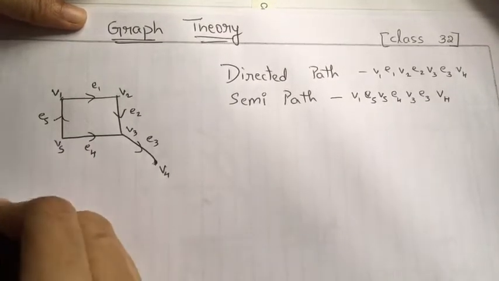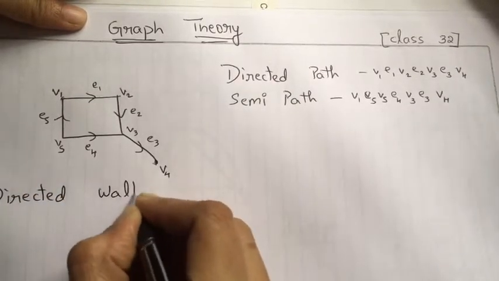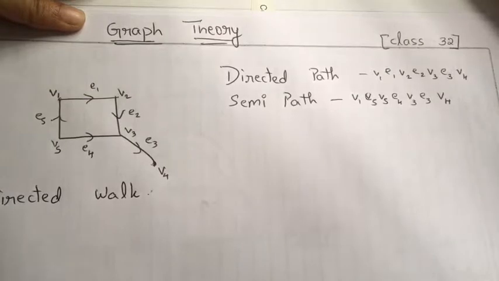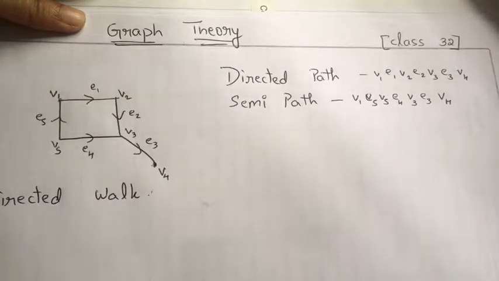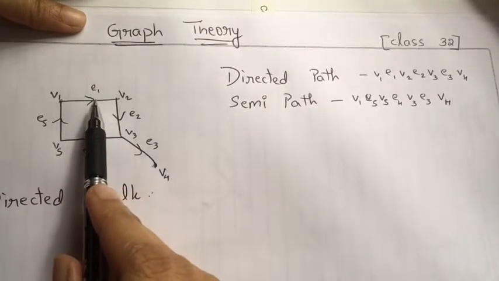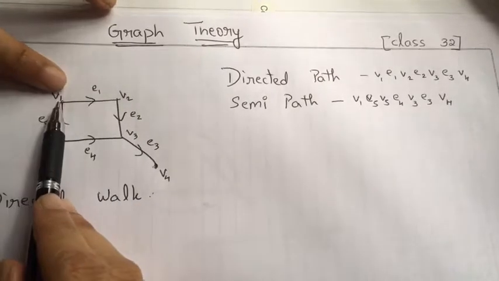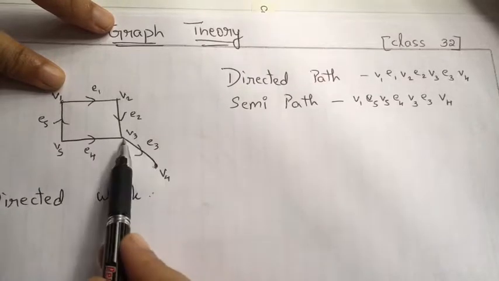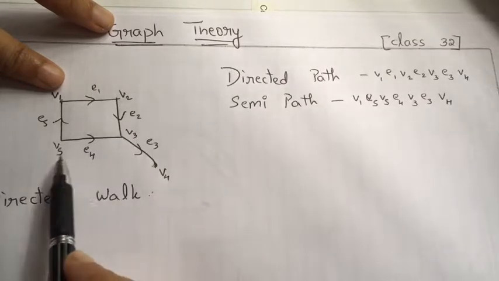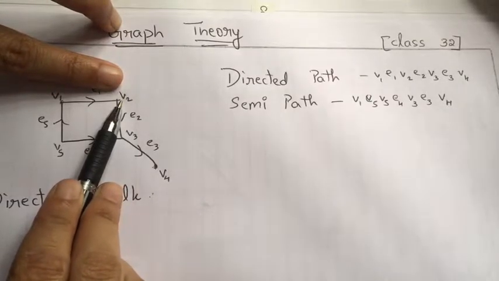Next is directed walk. A directed walk from a vertex Vi to a vertex Vj is an alternating sequence of vertices and edges, beginning with the vertex Vi and ending with the vertex Vj, such that each edge is oriented from the vertex preceding it to the vertex following it.